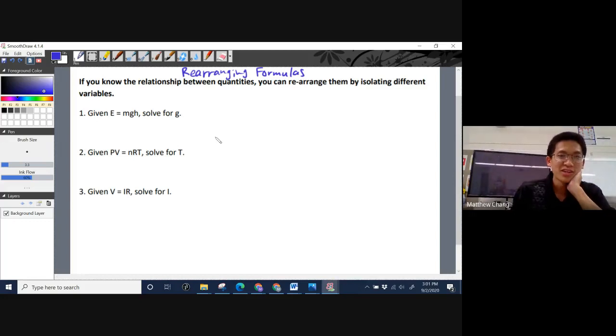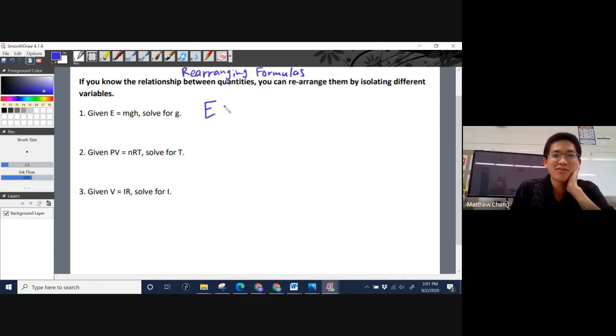Let's say we're given E equals mgh, and we want to solve for g. I believe this is the potential energy formula in physics.